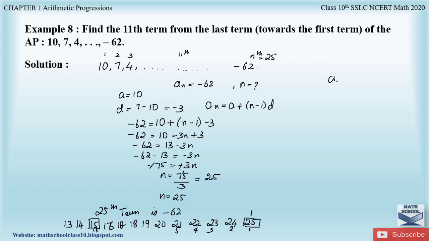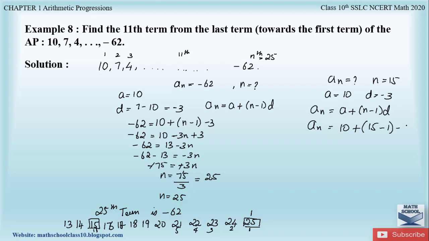To determine the 15th term now, when n is equal to 15, again a value will be same, a is equal to 10 and d is equal to minus 3. These values we have to apply in the general form of nth term formula, that is a plus (n minus 1) into d. So a_n is 10 plus (15 minus 1) into d, where d is minus 3.